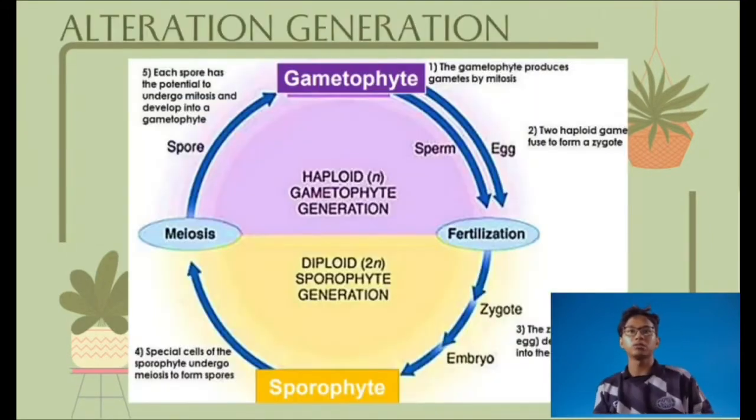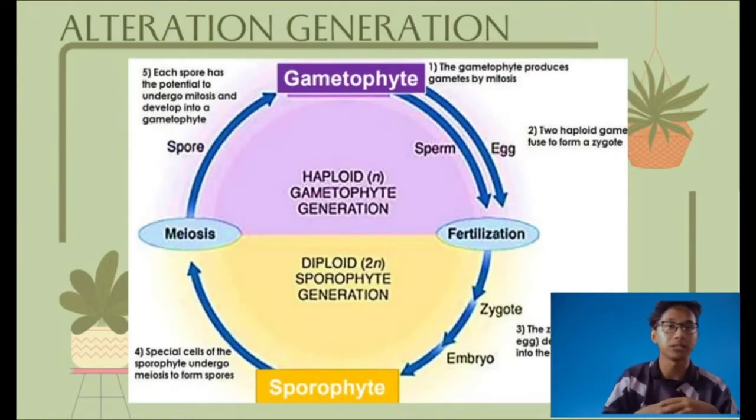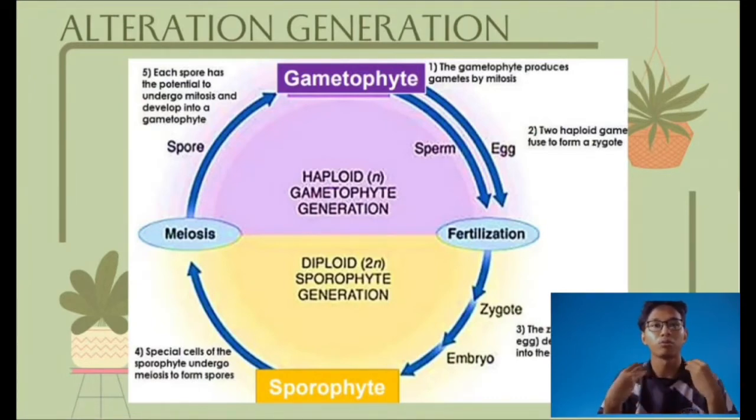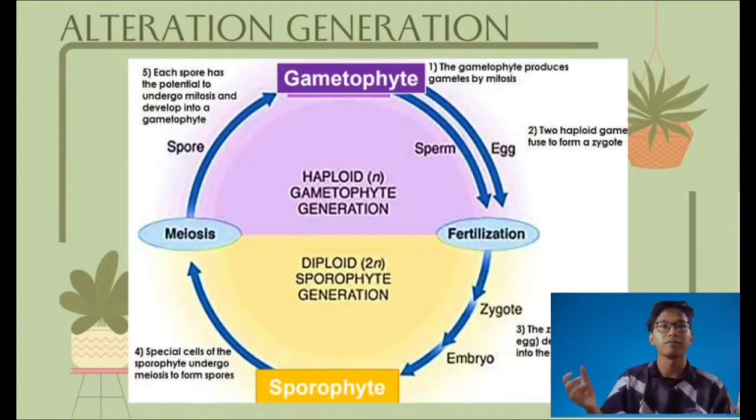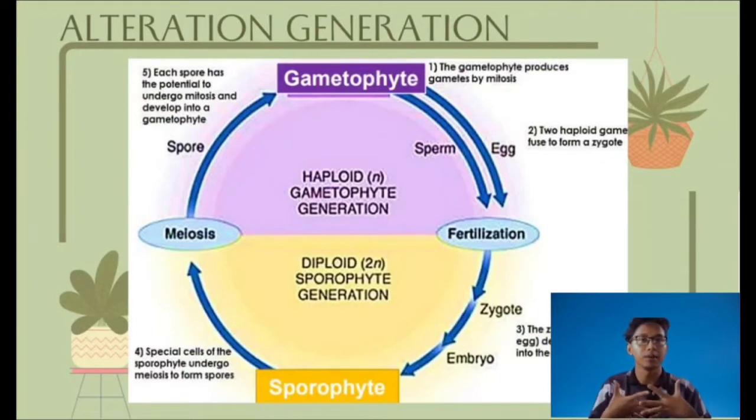From the picture, we can know the details about the haploid gametophyte generation and the diploid sporophyte generation. Firstly, it must start with the gamete. The gamete is produced by mitosis. So sperm and egg from the male organ and female organ will fertilize and form a zygote. The zygote will develop by mitosis into the sporophyte.